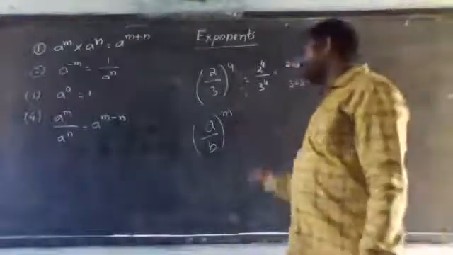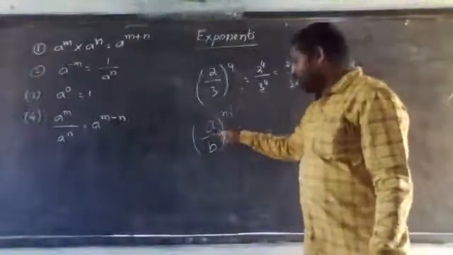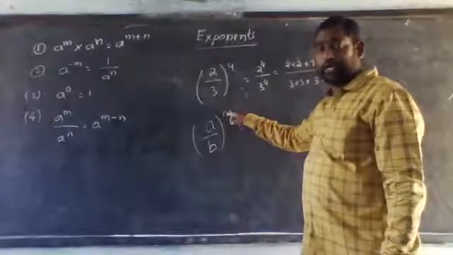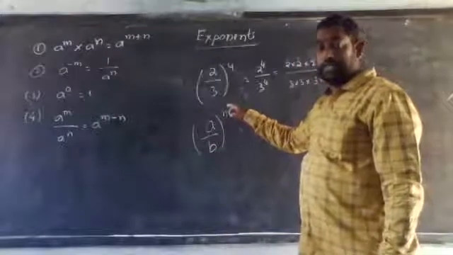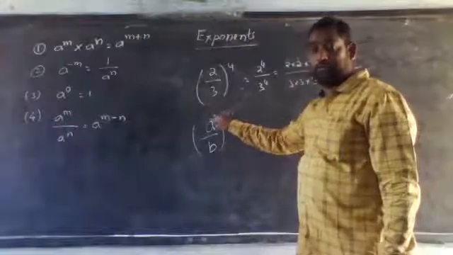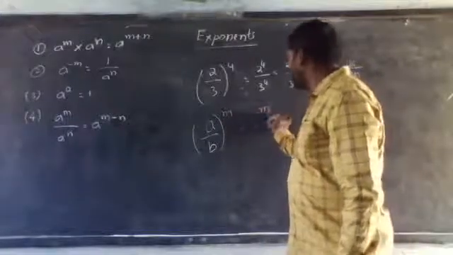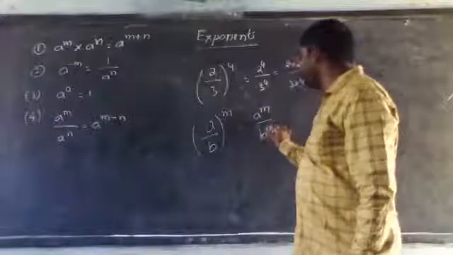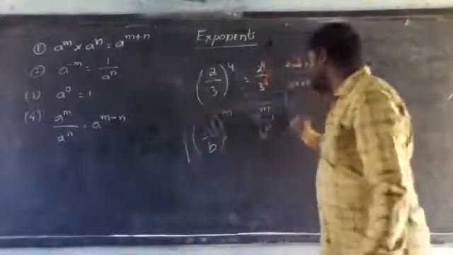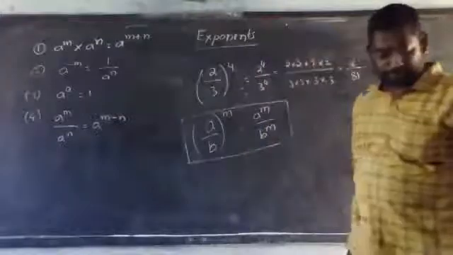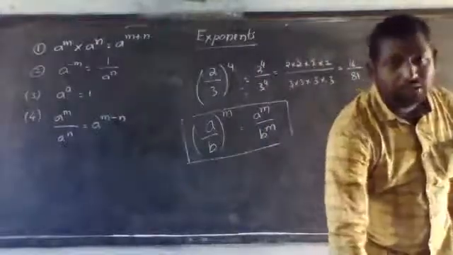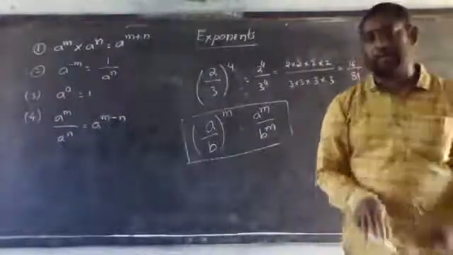Then we can say, if a fraction has the exponent m, then this exponent belongs to both numerator and denominator. That means a to the power m by b to the power m. So this is another new property of the exponent.